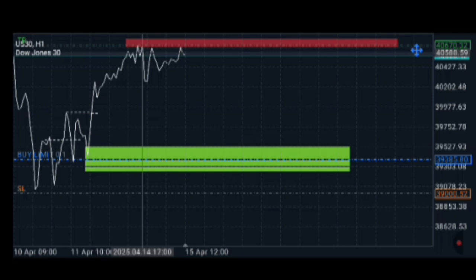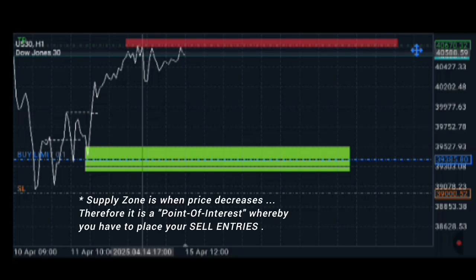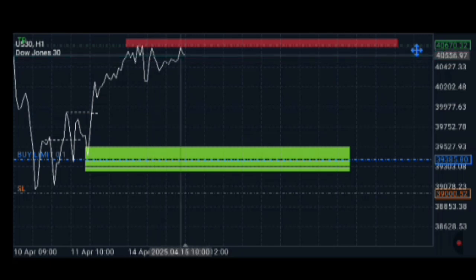The signal is showing us that this is a supply zone. Price is going to start selling up there, and we already had 1, 2, 3, 4 rejections to the upside. Price is rejecting the point right there, confirming that this is a supply zone.